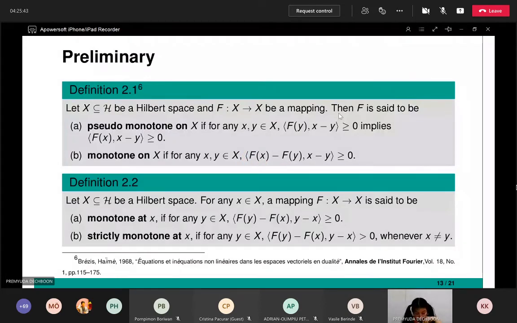And at the point x, we can say that it is monotone at point x if this inequality holds, and strictly monotone if this inequality holds whenever x is not equal to y.